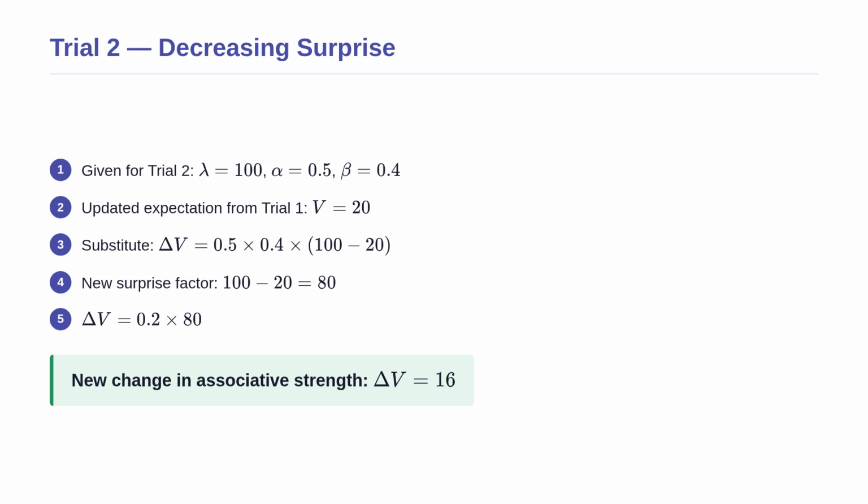The term inside the parentheses is now 100 minus 20, meaning the surprise factor drops to 80. Our combined learning rate stays constant at 0.2. Multiplying 0.2 by 80 gives us a final change in associative strength of 16. Notice carefully that this new learning amount is less than the 20 learned in the first trial. As the animal gets better at predicting the event, the amount of new information it gains naturally decreases.